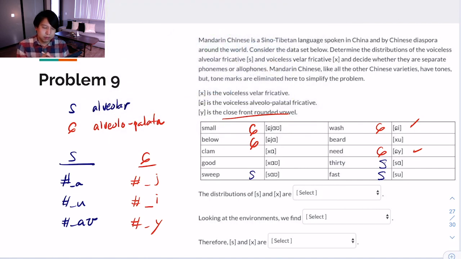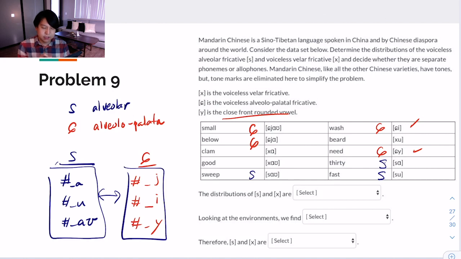So basically, there is no overlap between the two lists of environments. They are all starting with this pound sign, which means they are all word initial. So word initial position is not the feature that is defining a sublist of these two.